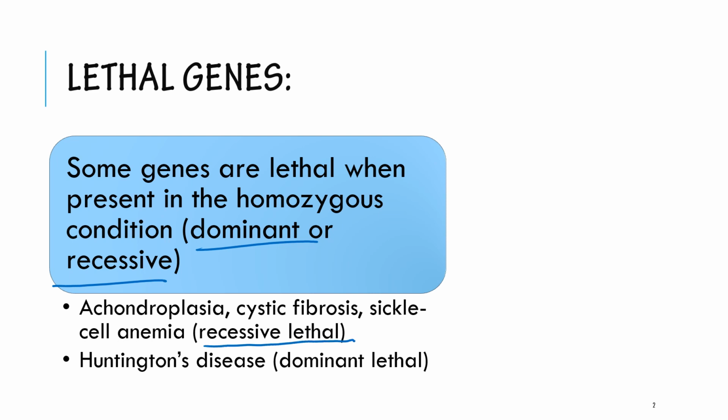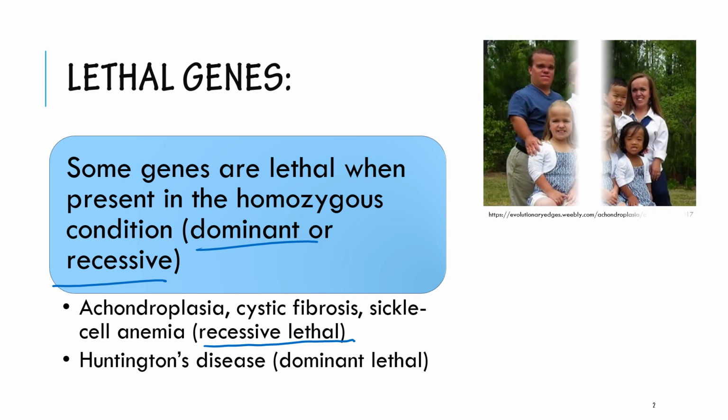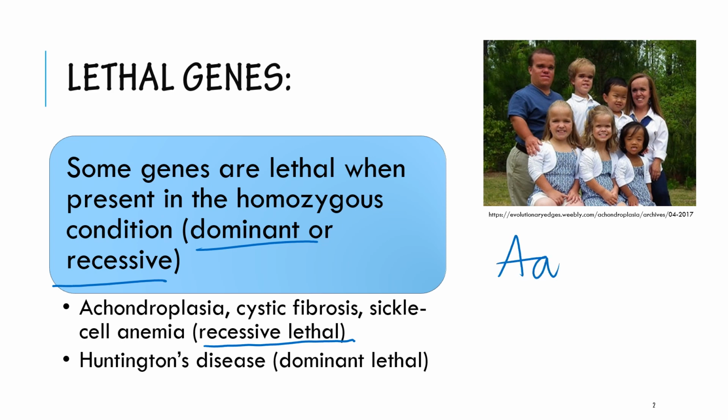For example, the allele that causes achondroplasia. As you can see from the picture, achondroplasia is a form of dwarfism. A person heterozygous for achondroplasia will have short limbs and short stature, a condition that is not lethal, but they exhibit dwarfism.